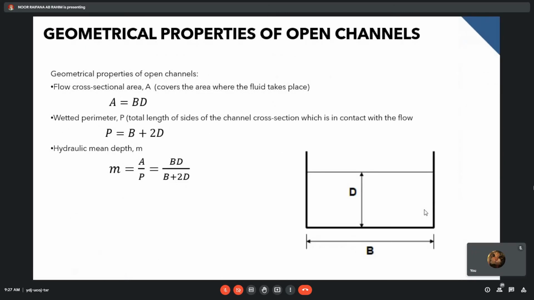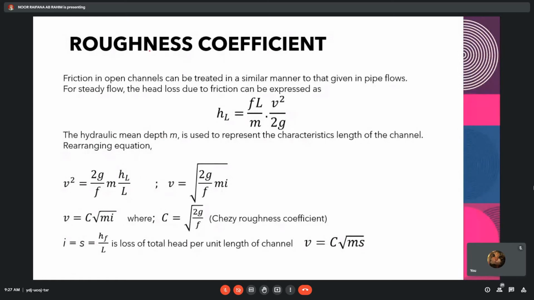Oh, saya saja. Okay, so this is the roughness coefficient. Kita tahu to determine the roughness coefficient, it depends on the head loss inside the channel. So this one is equation ni dah tahu dah, head loss due to friction in chapter 1.